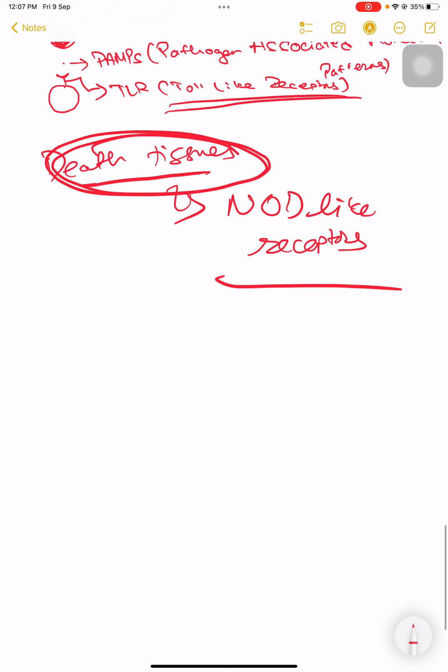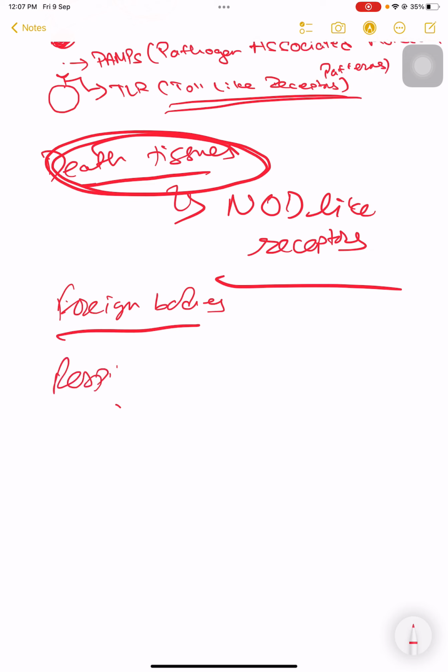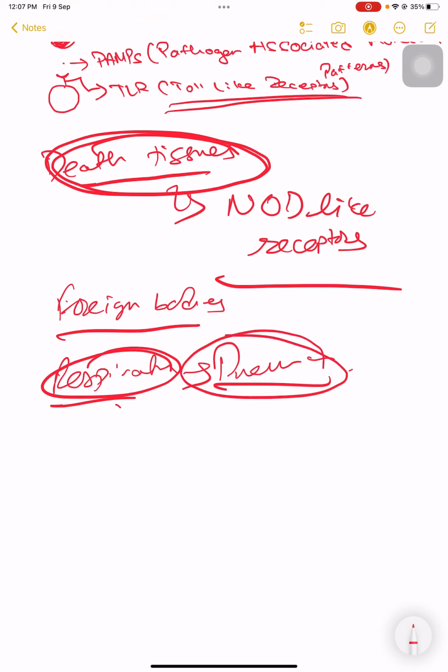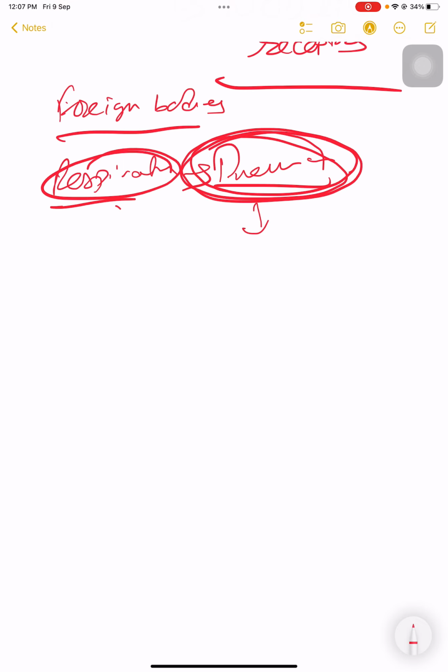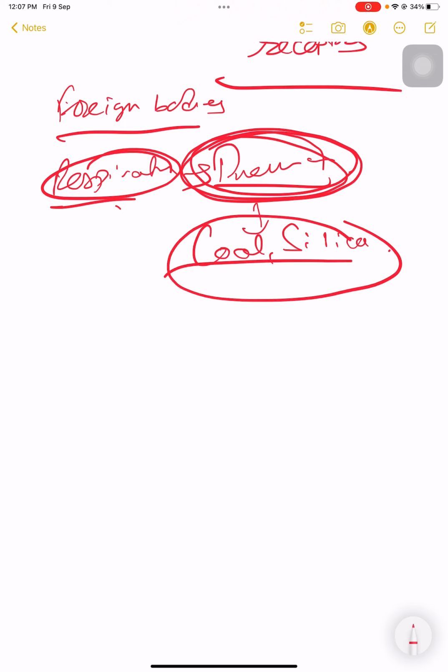And remember, the next thing is foreign bodies. Whenever you study the respiratory system in the upcoming days, you will learn about pneumoconiosis. This pneumoconiosis is because of certain components from the external world, like coal or silica. Now, this is also involved in the inflammatory aspect. So they are also taken.